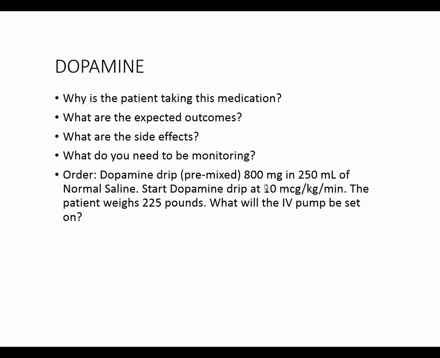Okay, now we know what your patient needs to receive. Now let's figure out how we're going to go about getting that from this amount here. So you get 800 milligrams over 250 milliliters times X over 61.2 milligrams.